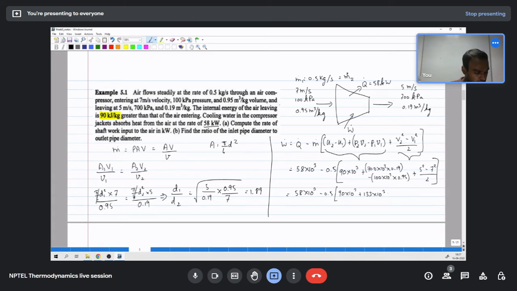Then 100 into 0.95, I will have 95 into 10 power 3, plus 25 minus 49 divided by 2.